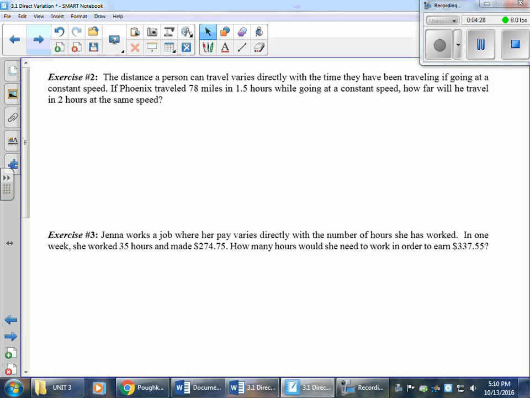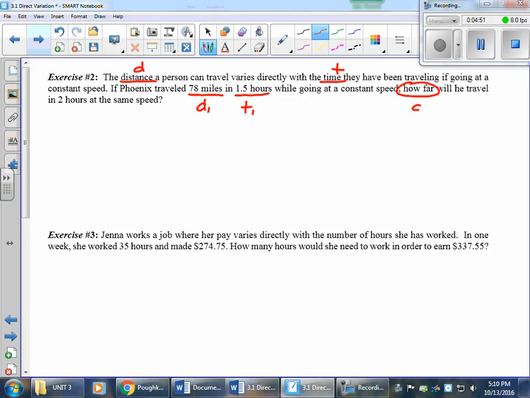So if we take a look at this, we can see that we have distance and time. So let's call it D1, time 1. How far, so we're looking for distance, will he travel in 2 hours, here's our time, at the same speed?